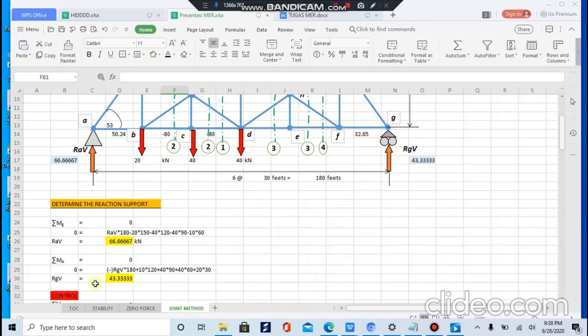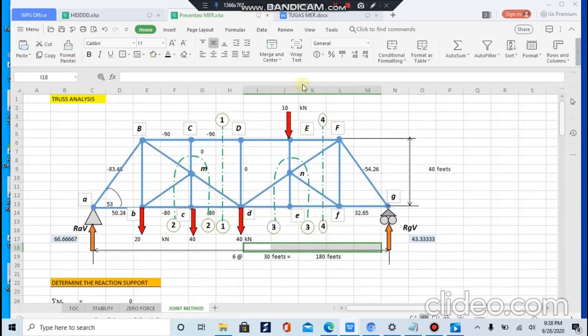So in this draw, sigma MG is 0. So 0 is equal to RAV times 180 minus 20 times 150 minus 40 times 120 and minus 40 times 90, and also minus 10 times 60.